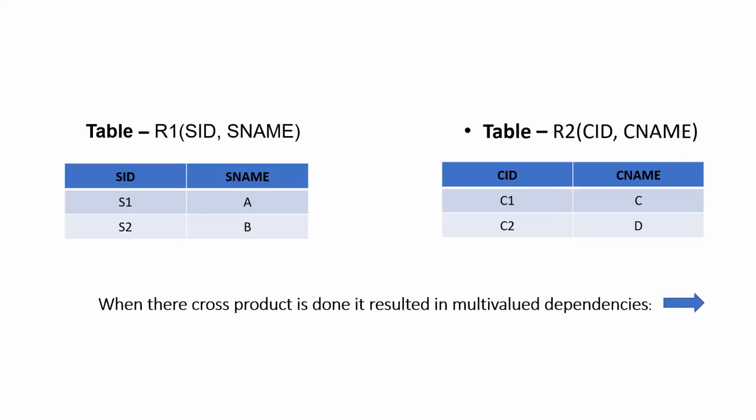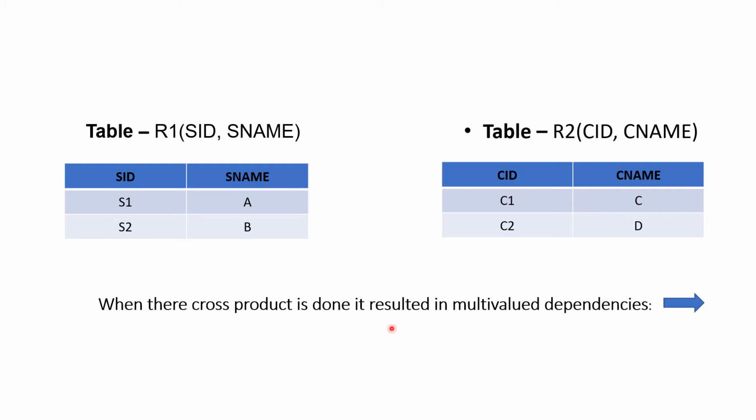So this is the example of two tables R1 and R2. R1 contains SID and SName. R2 contains CID and CName. In the table, S1, S2 are SID, C1, C2 are CID, A and B are SName, and C and D are CName: student name and course name.